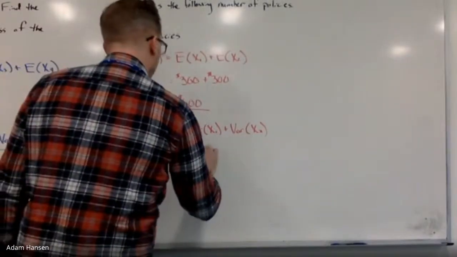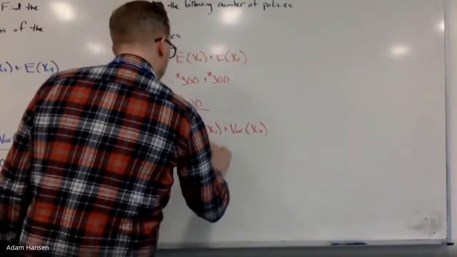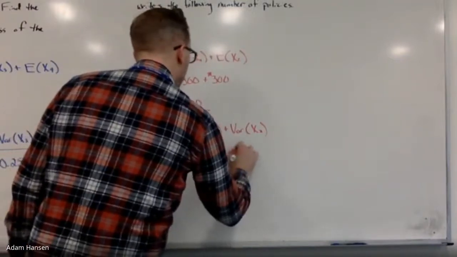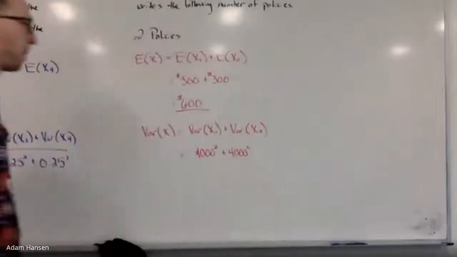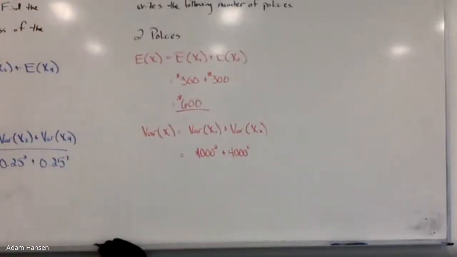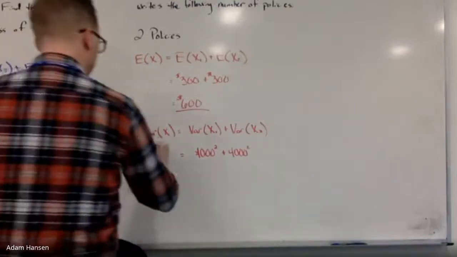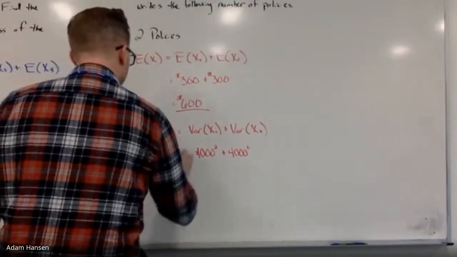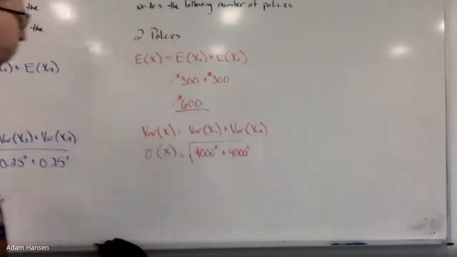So this would be $4,000 squared plus $4,000 squared. Standard deviation is 4,000. The total variance is 4,000 squared. Of course, I want the standard deviation, so let's take square roots of that.